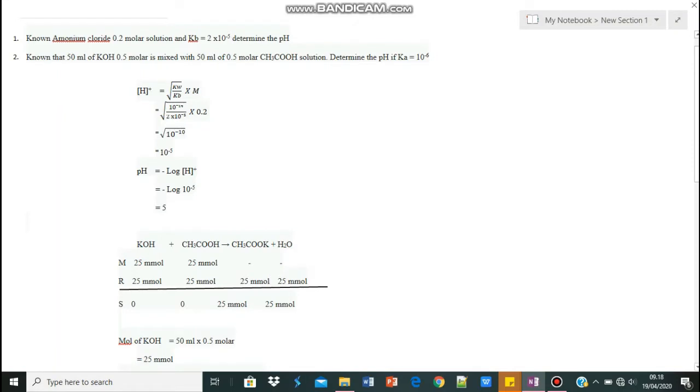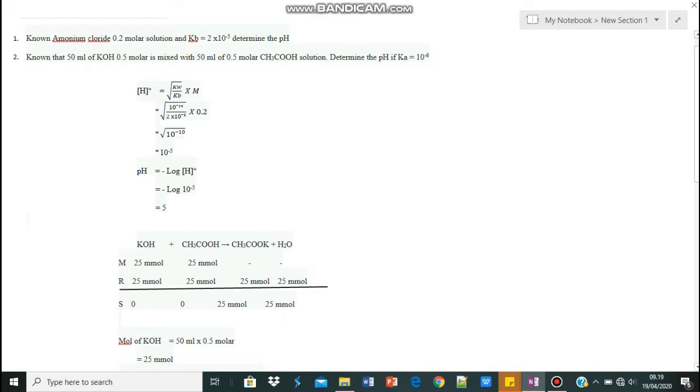Okay, in this section, I will give some questions and then we will do them together. First, known ammonium chloride 0.2 molar solution and its Kb is 2 times 10 to the minus 5. Determine the pH.